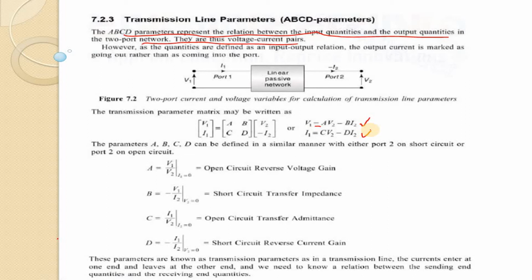Putting I2 equals 0 in the first equation, we get the value of A, which is known as the open circuit reverse voltage gain.